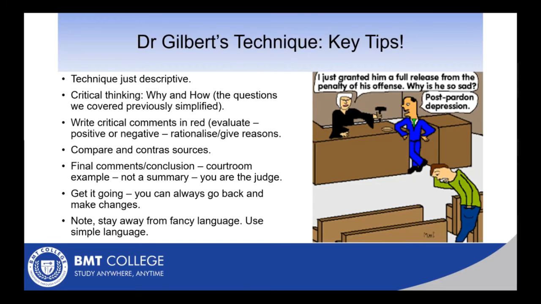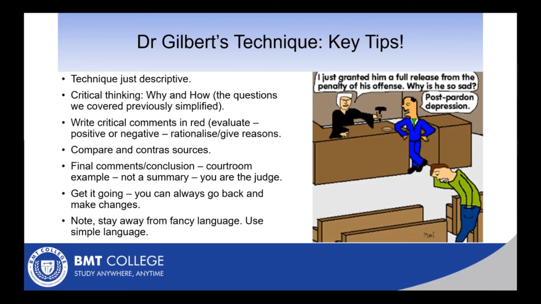As you go through the literature and as you are reading, you will go back and see, okay, maybe on this point I need to make a change. Maybe this wasn't so correct. Maybe I need to approach it in a different way. So you will go back and forth and make changes. Then when it comes to academic writing, I want to emphasize that you need to stay away from fancy language.